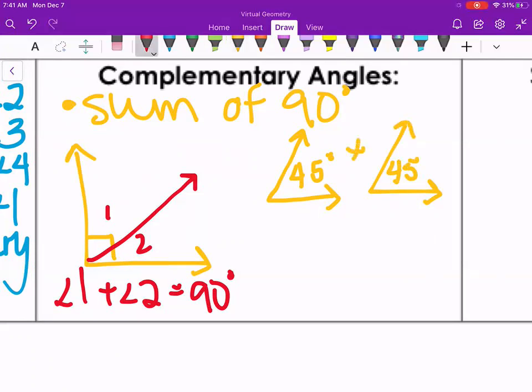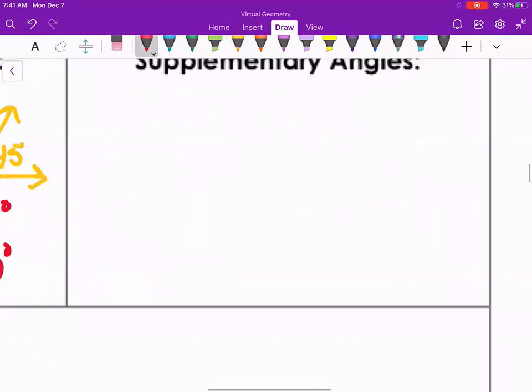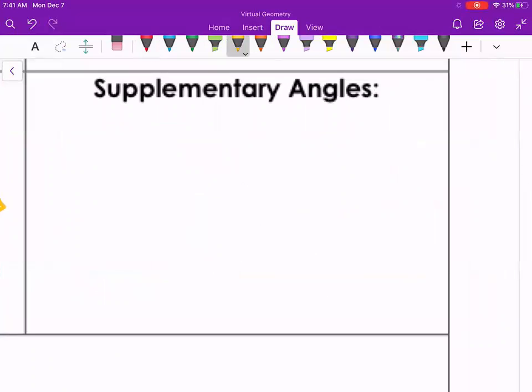When those get added together, we get 90 degrees again. So again, sum of 90 is complementary. And then we have supplementary again, which, like we found earlier, was a sum of 180.